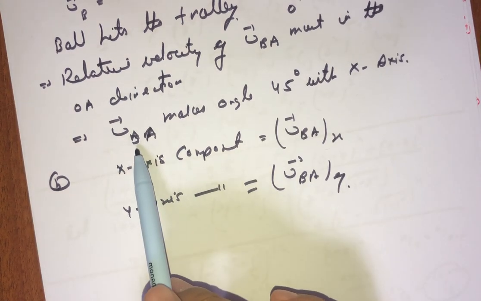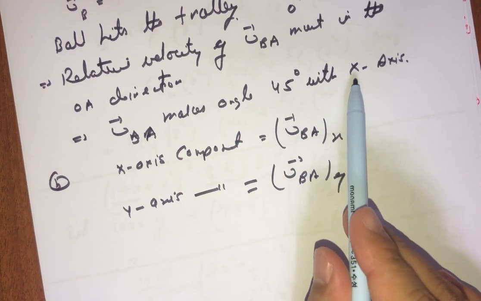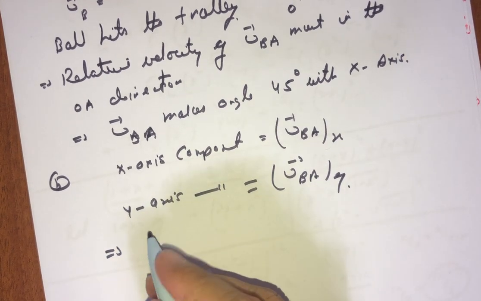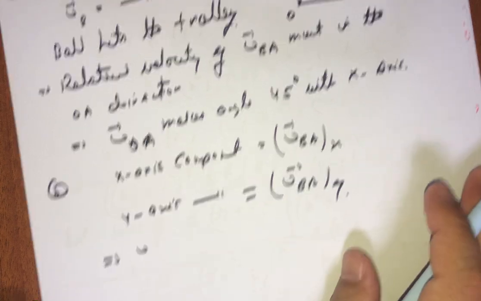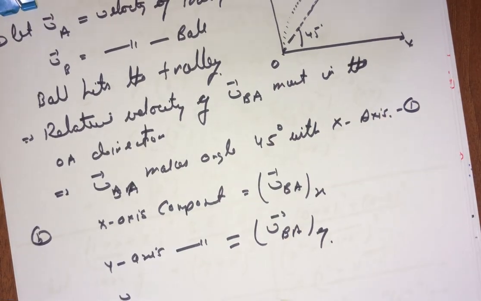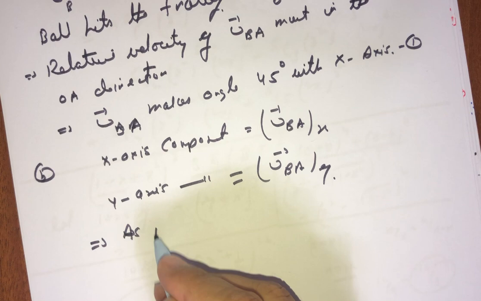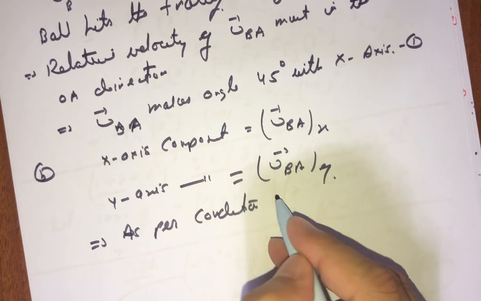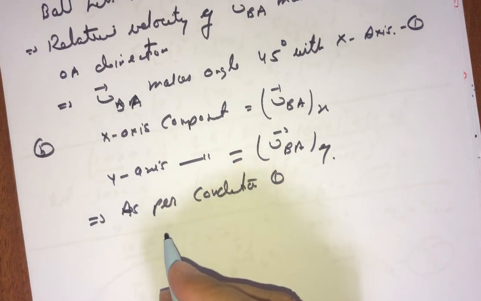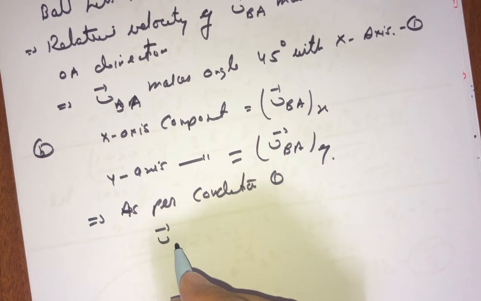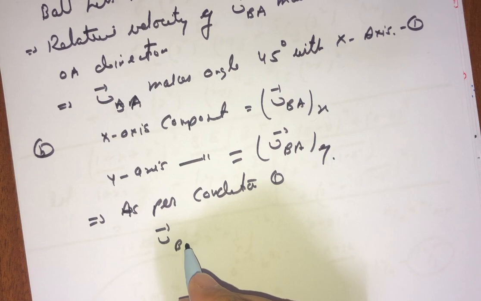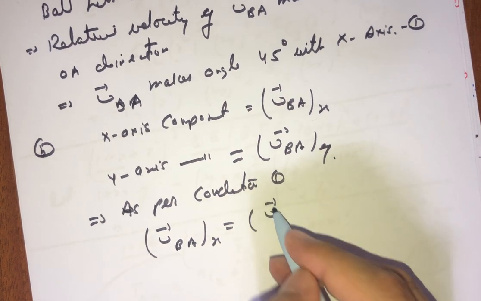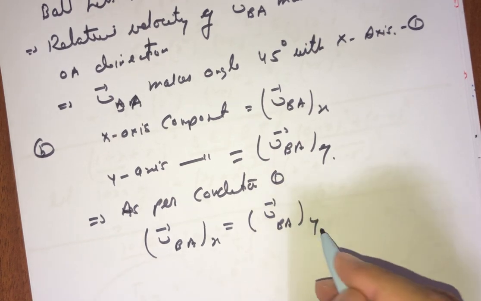But VBA makes an angle of 45 degrees with the x-axis, so we can clearly say, let's call this condition 1, that the x-axis component will be equal to the y-axis component.